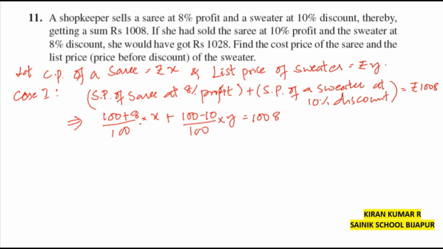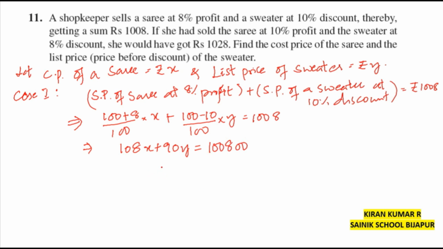If you look at the denominators here, it's 100, so it becomes easy to take the LCM and cross multiply. We will be getting 108x plus 100 minus 10 will be 90, so 90y equal to 1008 followed by 2 zeros because we are cross multiplying by 100.